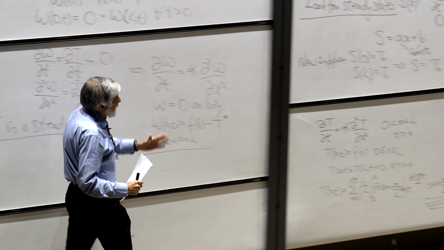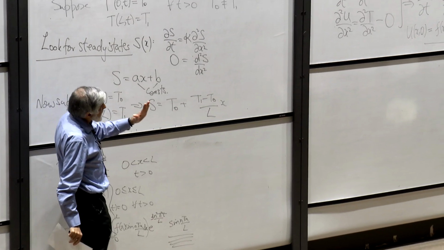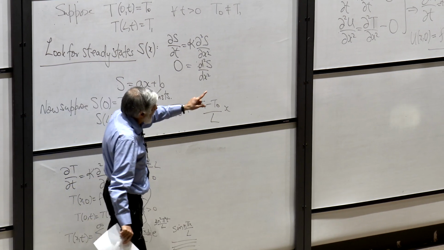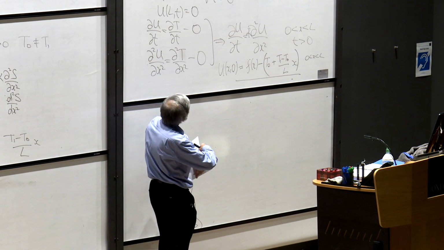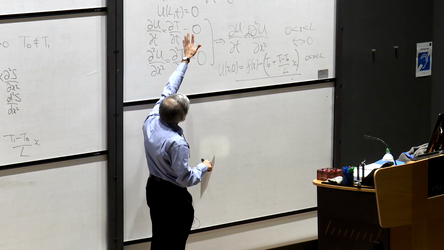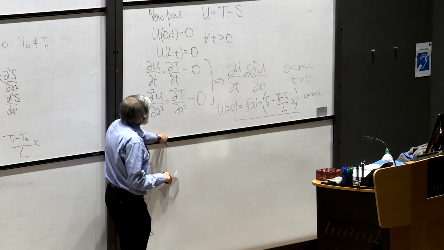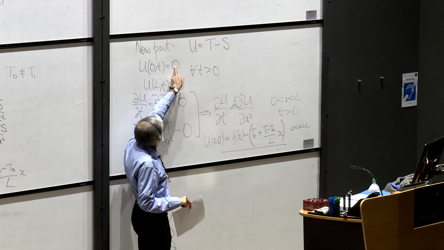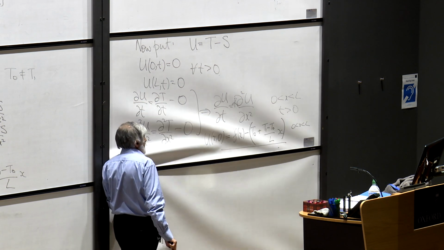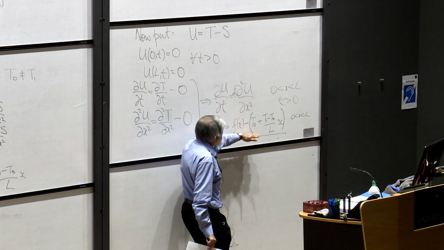So you see, finding the steady state of the system and then taking that away means that the problem of the boundary disappears and is replaced. These come in here.